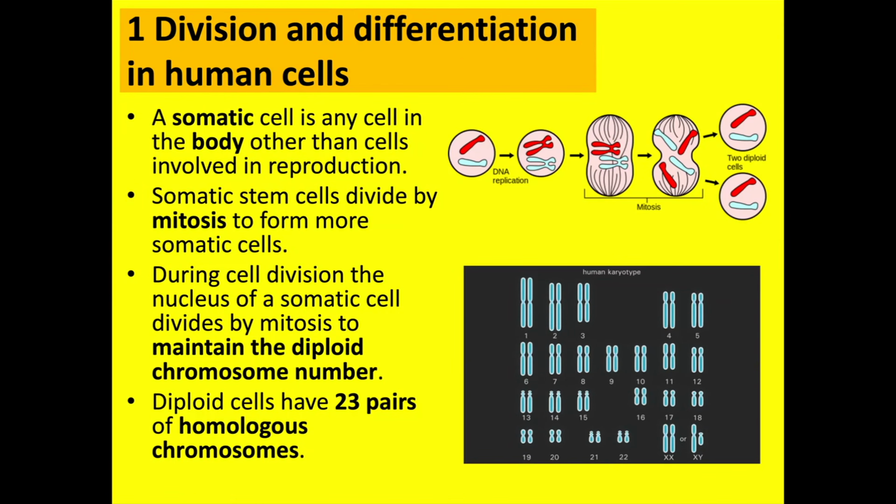But then if you look at the pairs compared to other pairs, you'll see they are different from each other. And that's because you inherit one of each pair from your mother and one of each pair from your father. So we say diploid cells have 23 pairs of homologous chromosomes. That's 46 individual chromosomes altogether.